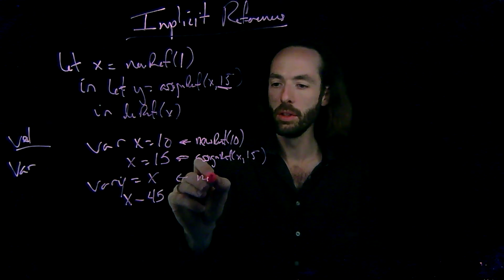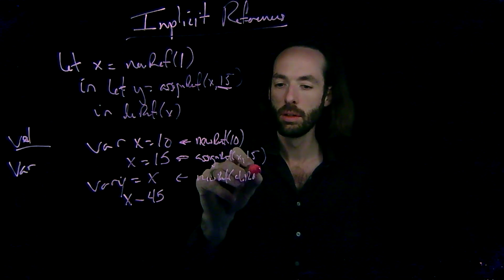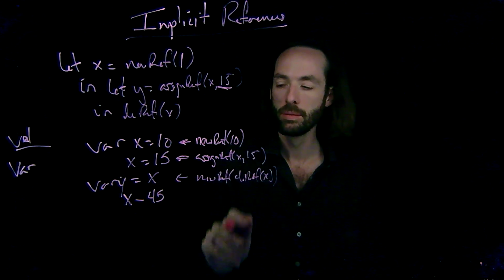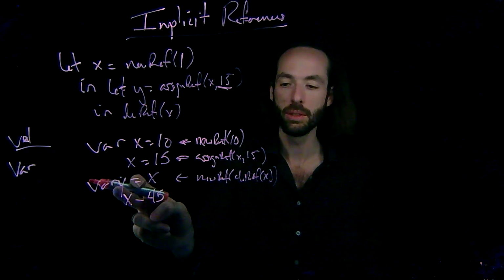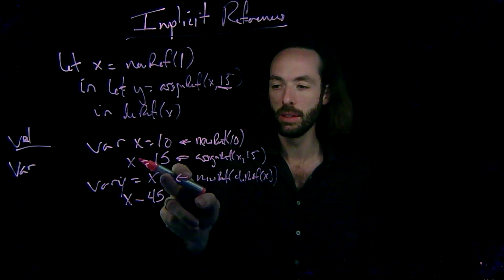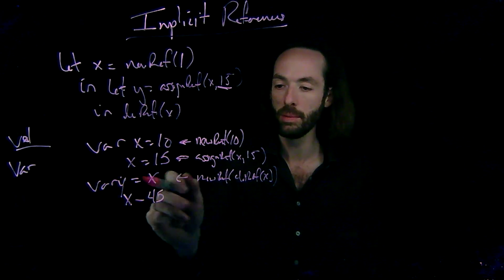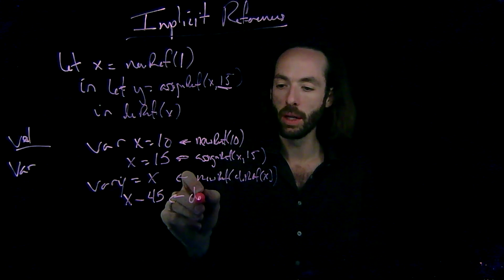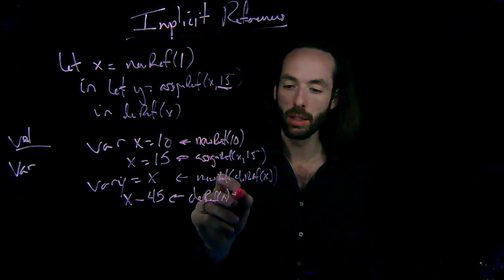This is another new ref of dref of x. So we're actually coming up with a new memory location, and we're taking whatever x's value is in the location that x points to, and binding it to this new variable y. And then this is a dref of x, minus 45.